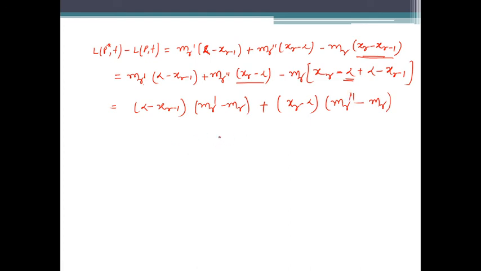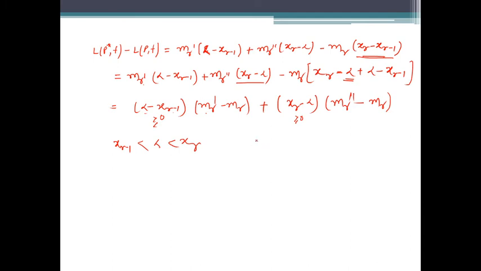Okay. Now small m r, what is small m r? This alpha lies between x r minus 1 and x r. So the difference alpha minus x r minus 1 will be positive, and similarly x r minus alpha will be greater than 0.